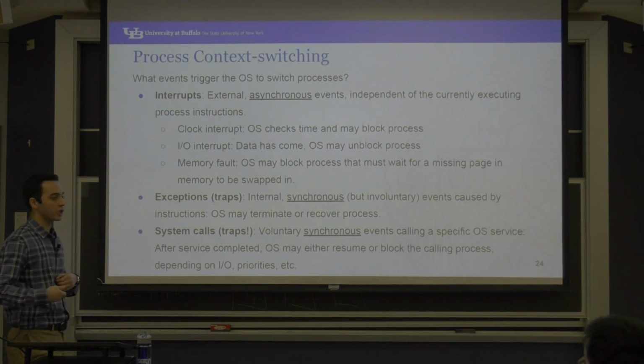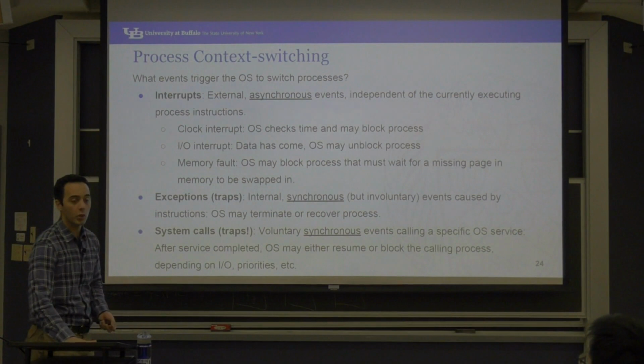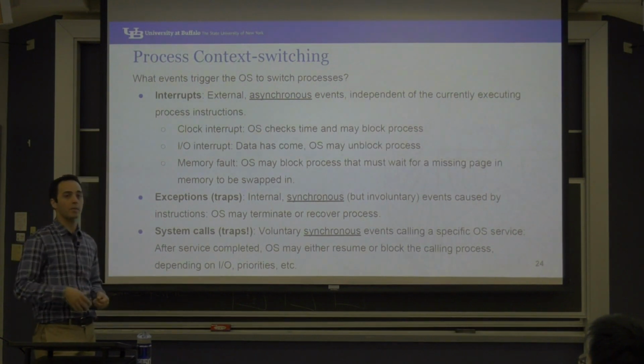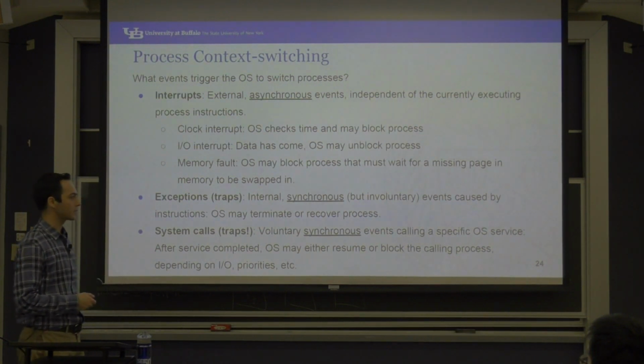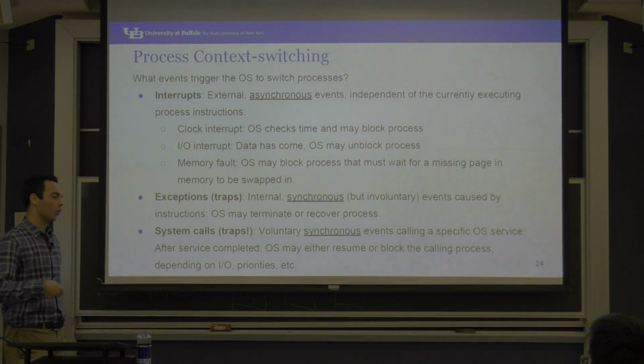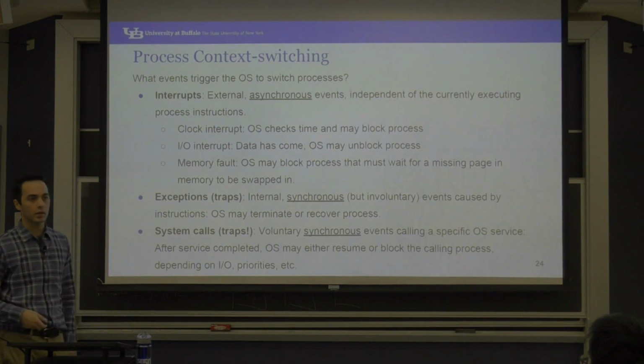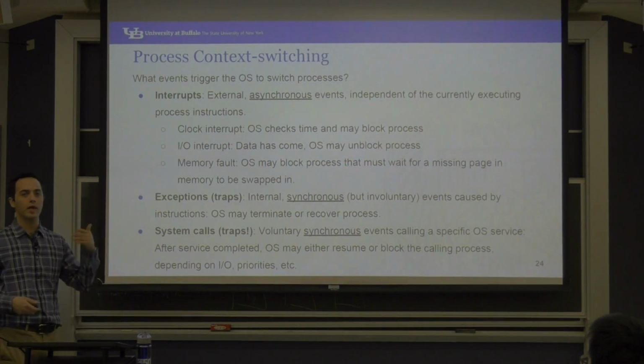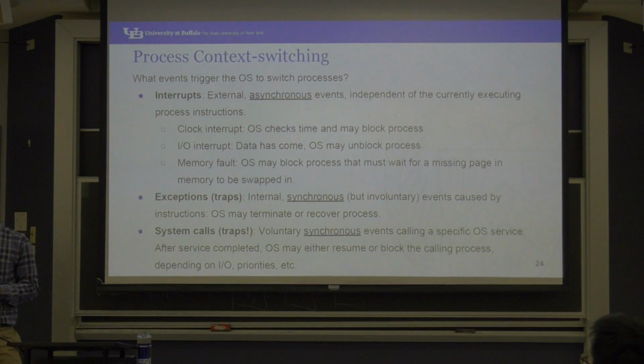System calls are voluntary. You call the OS and say, I want this request, put me in pause and handle this. Then the OS, once done, can immediately resume the same process, or depending on the request, put it in the waiting or ready queue.